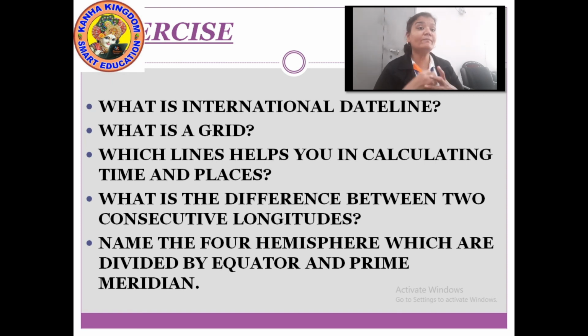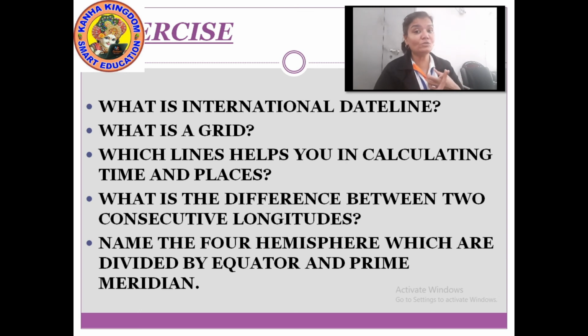Now you have to name the 4 hemispheres which are divided by the equator and prime meridian. The equator divides the earth into 2 halves horizontally, making the northern hemisphere and southern hemisphere.